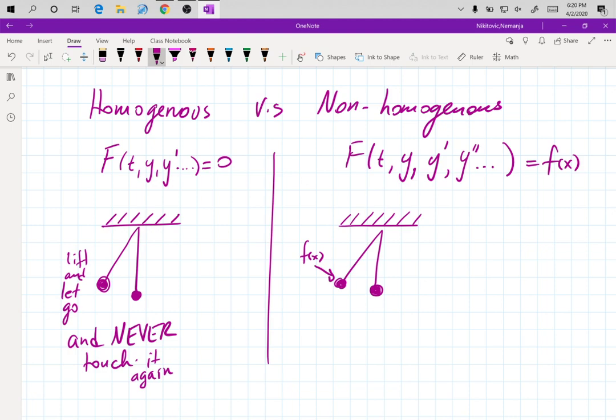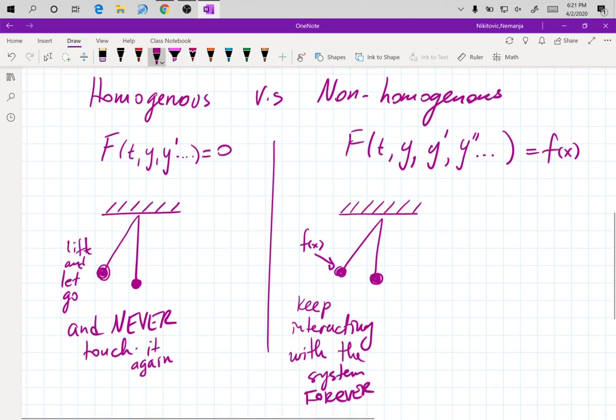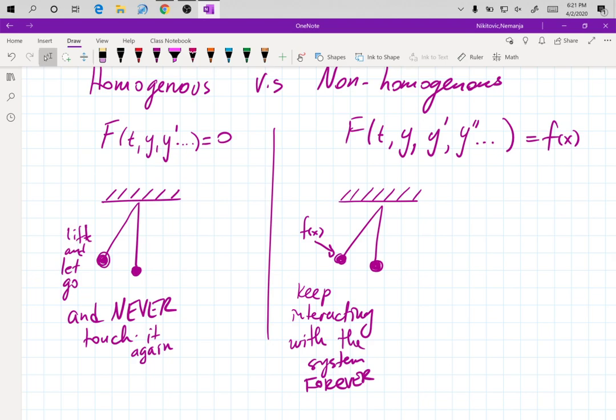So this particular part now with the kid is, you keep interacting with the system forever, right? So that's the difference between these two, and you should be able to recognize which one it is.